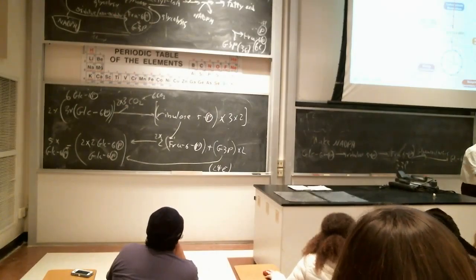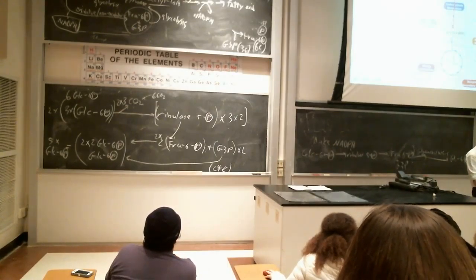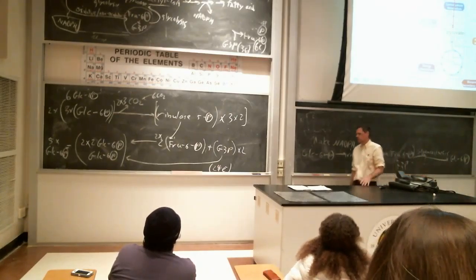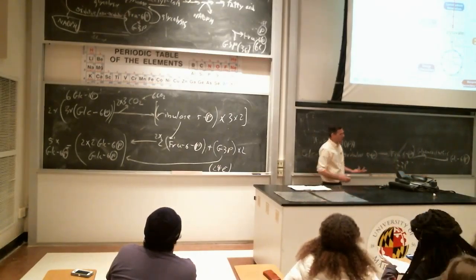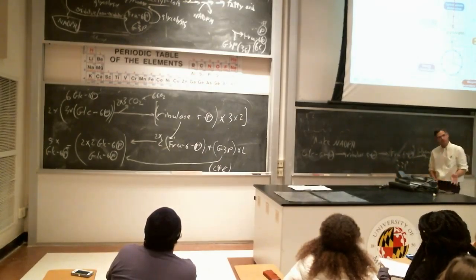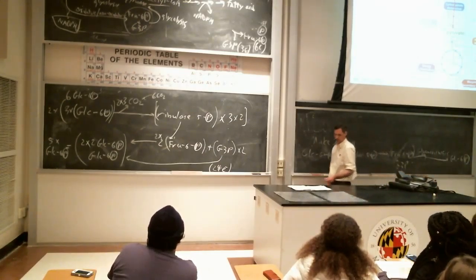Let me complete the glucose part of this figure. So there's the pentose phosphate pathway branching off from glucose 6-phosphate. Glucose 6-phosphate, as I've said, is also a starting point to make glycogen, and glycogen can be broken down to form glucose 6-phosphate.